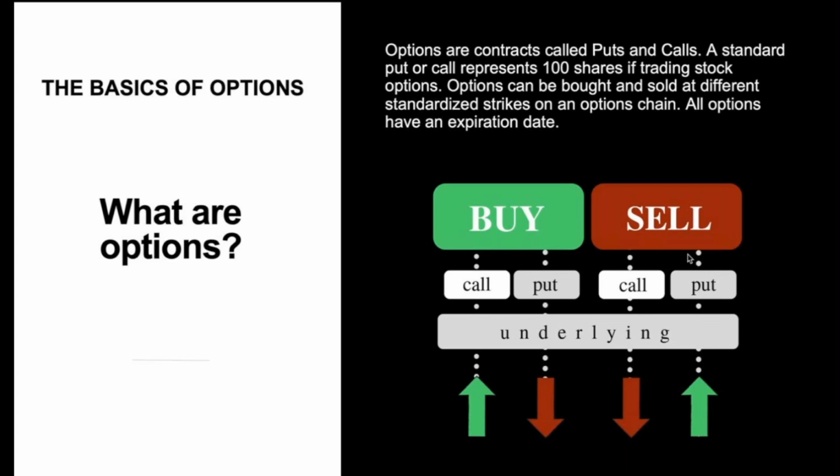The seller of a call has the obligation to sell at the strike price. The seller of the put has the obligation to buy at the strike price. So let me repeat it one more time. Buyers have rights and sellers have obligations. But for us, we want to have obligations primarily because we are acting as the casino, we're acting as the insurance company.